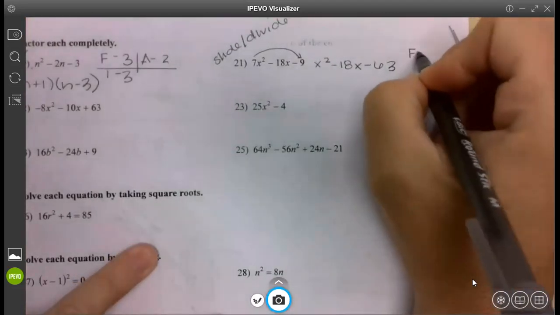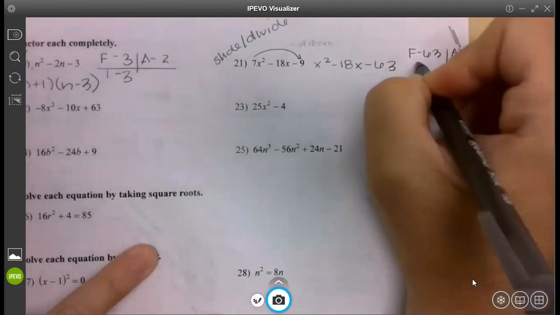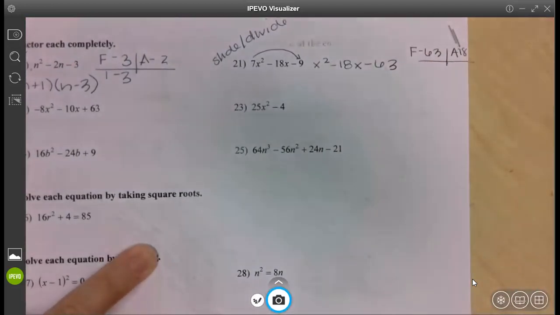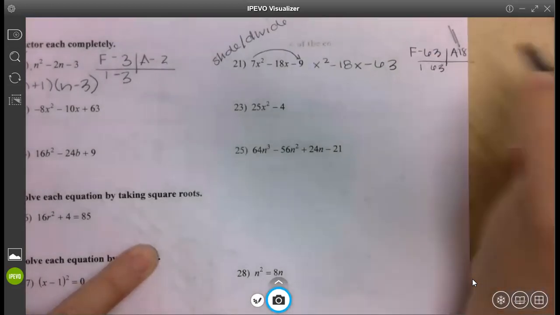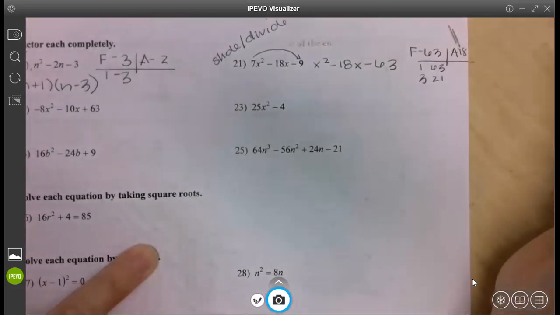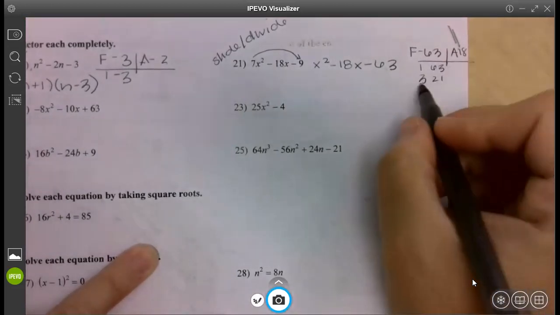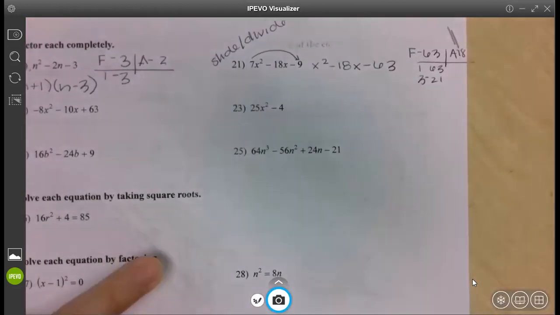I need factors of -63 that add to -18. So my factors of 63 are 1 and 63, 3 and 21. And this is going to be it, this 3 and 21, but I need a -18, so it's going to be a -21.